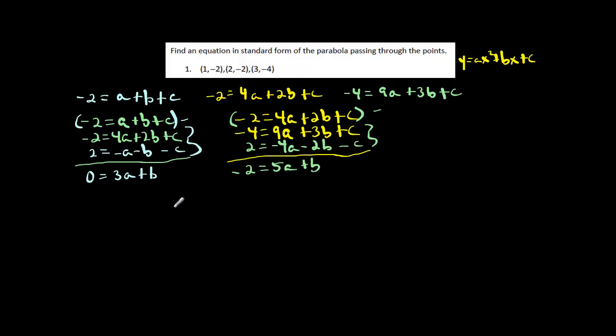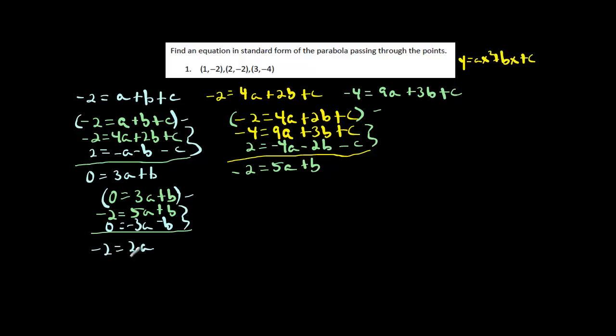Now that we have these two, we can put these on top of one another. Multiply the top by a negative. So we'll have -2 equals 2a.